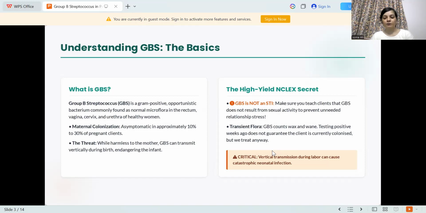And if the infant comes in contact with this normal flora, after that GBS occurs.